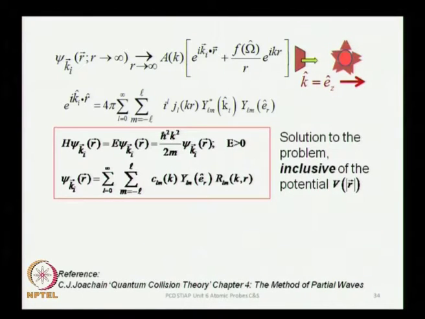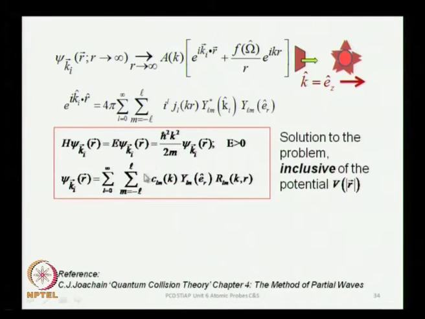Now, how will you know that? It is now a very simple process, because you have got a solution in terms of the spherical harmonics and the radial functions. These radial functions are known. I mentioned earlier that these are the same as the sinusoidal functions, but the phase shift is not just kr minus L pi by 2, this will be kr minus L pi by 2 plus a scattering phase shift.